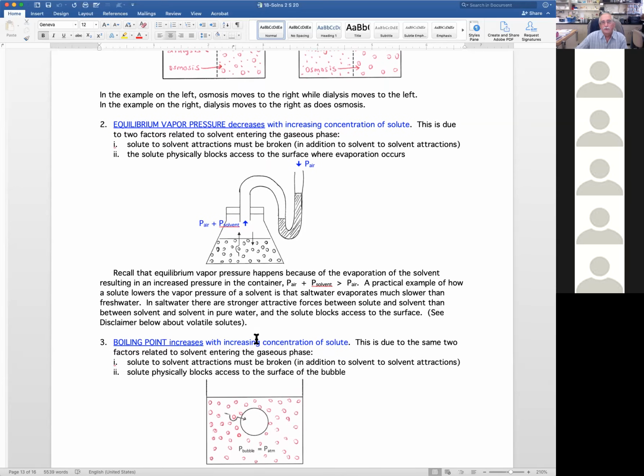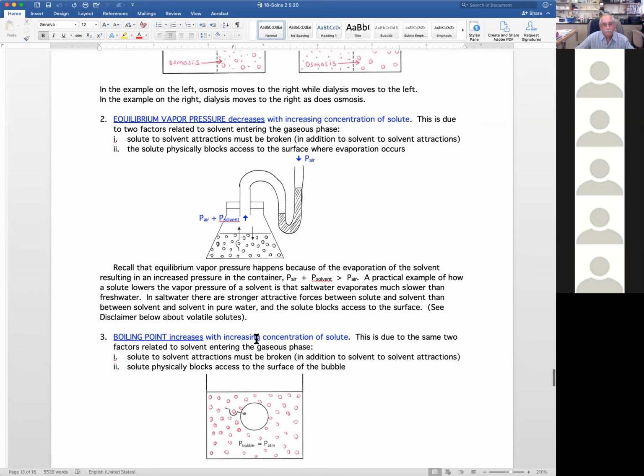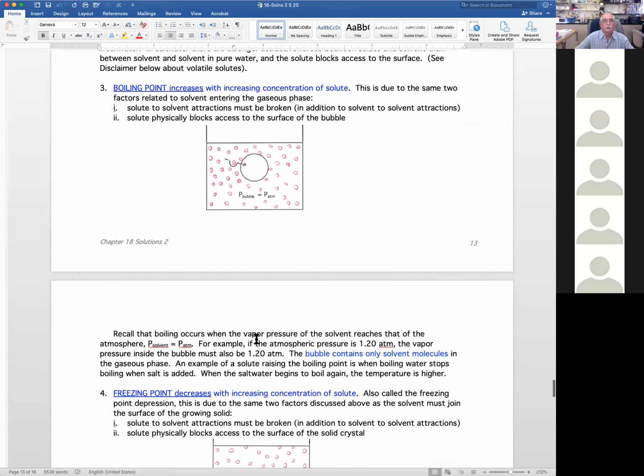So, which one evaporates more quickly, fresh water or salt water? Fresh water, right? Takes a very, very long time for seawater to evaporate. The boiling point increases. Say you're boiling water and you're going to make Cayman.